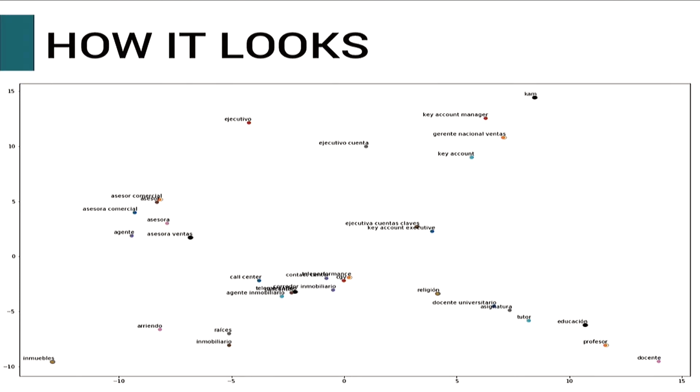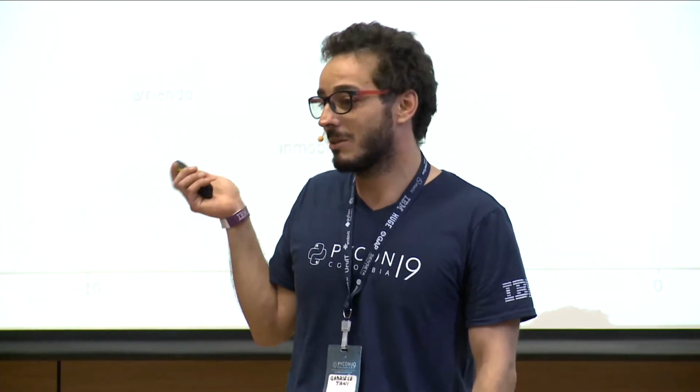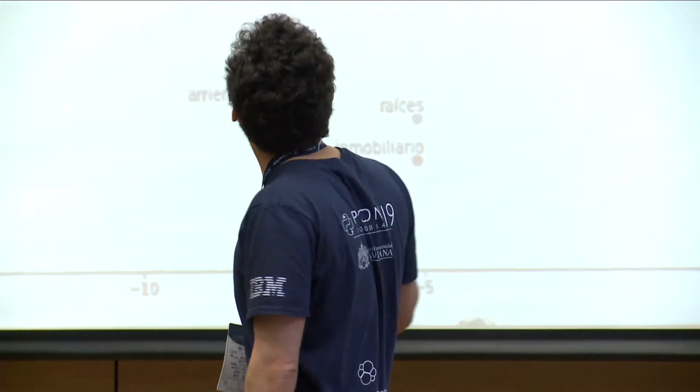And key account manager, KAM, that is an acronym of key account manager, and call center, telemercadero, agente inmobiliario are related also to this. Agente, asesor, asesora comercial, asesor. We have a super interesting relationship. Training that model took me 10 minutes, processing the data 2 months.